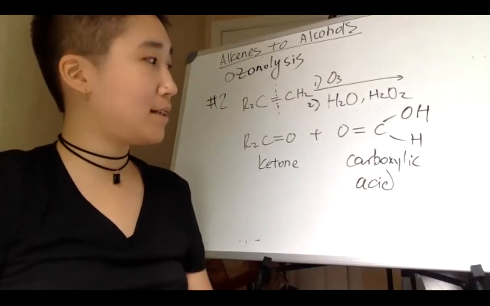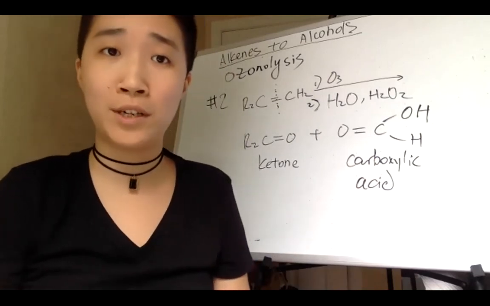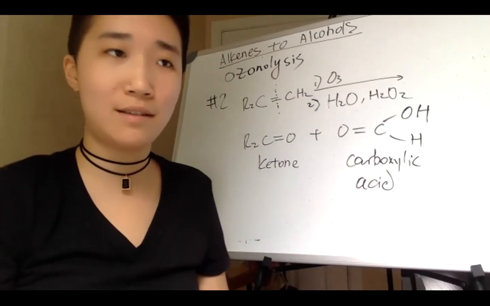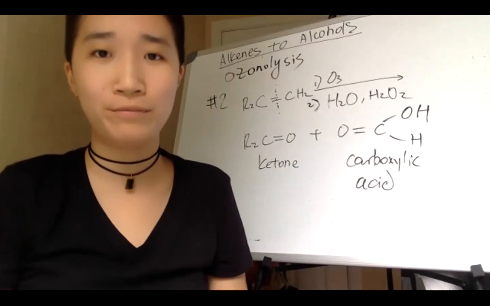And that process is called hydrolysis, which you will learn in second semester Orgo, so don't worry about that yet. Just know that ozonolysis is a very neat reaction from which you can generate two carbonyl compounds at one go.